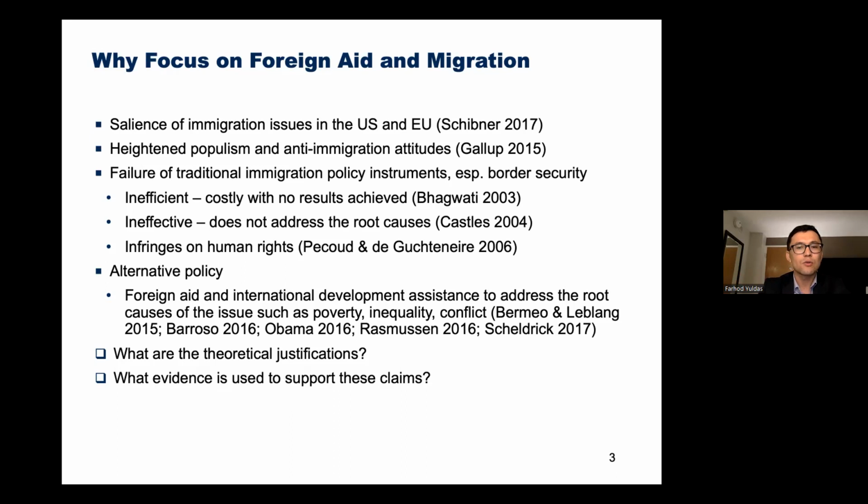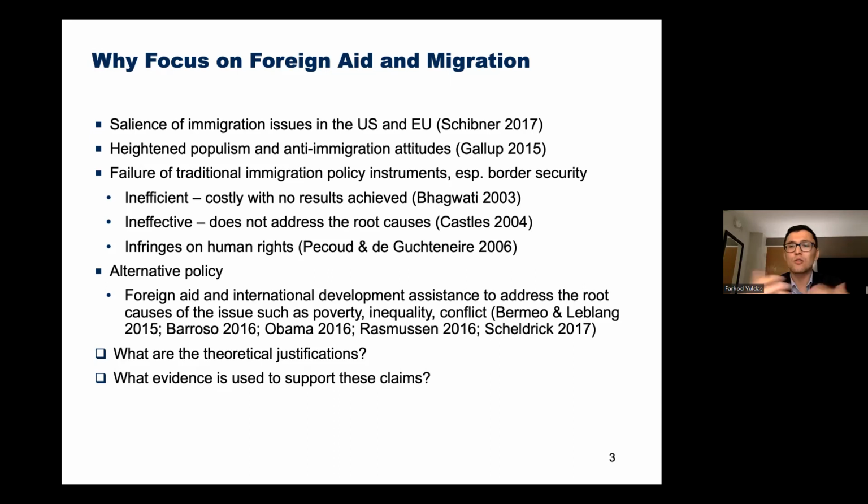Listening to a lot of policymakers, such as the leaders of the U.S., like Obama, who was making similar arguments, and the Danish Prime Minister Rasmussen, as well as the European Commission President José Manuel Barroso, as well as others, arguing that we should increase foreign aid in order to address some of these key problems in developing countries that were pushing people out.